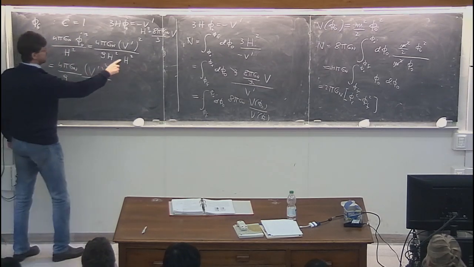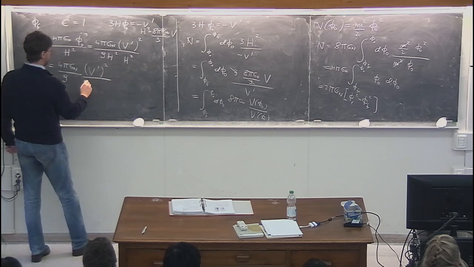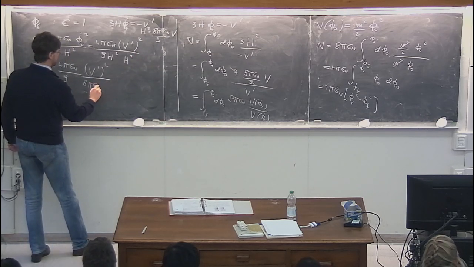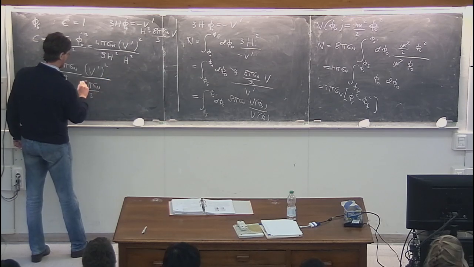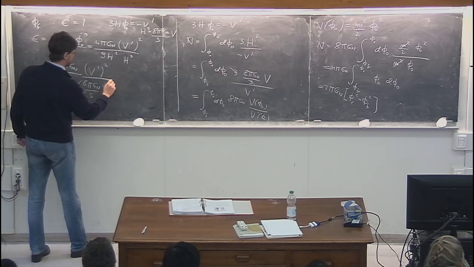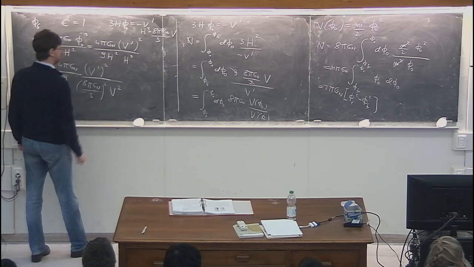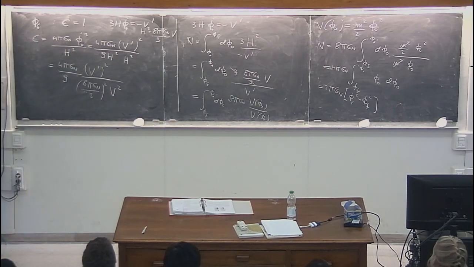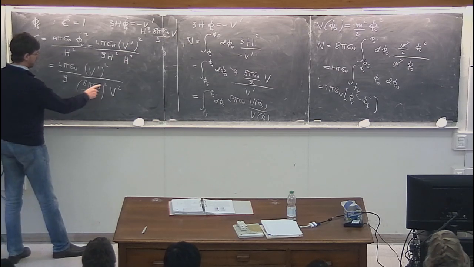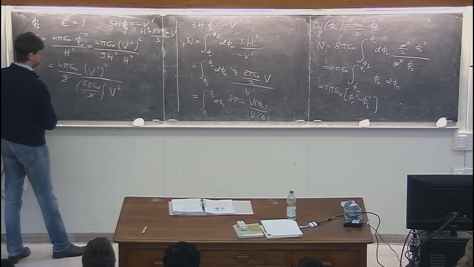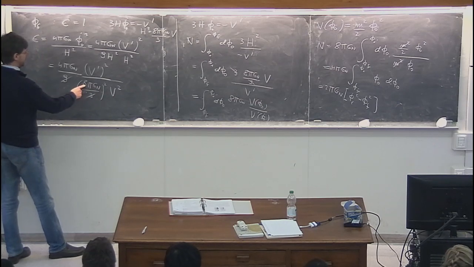So from here I have to take the square of it, so I have 8 pi G Newton divided by 3, everything squared, times V squared. All right, so you see, let's see if I have a 3 squared and a 9 here, this goes away.